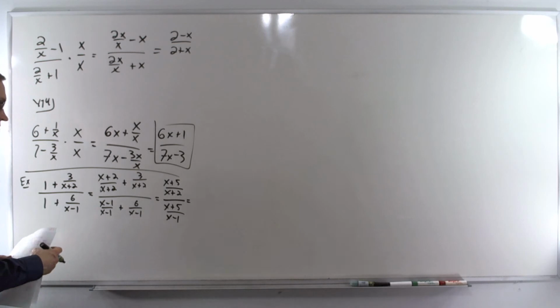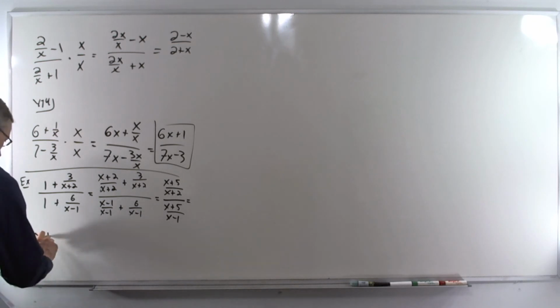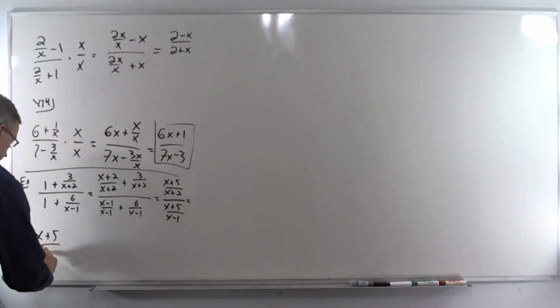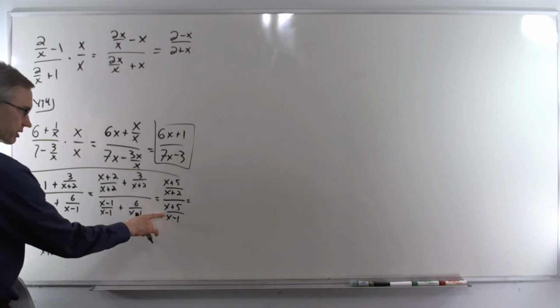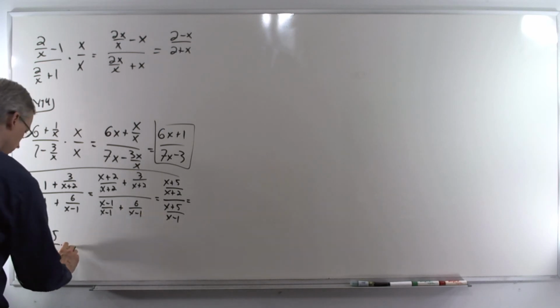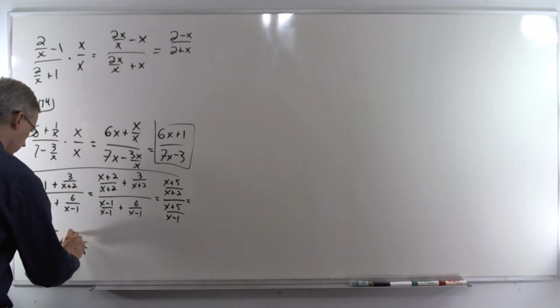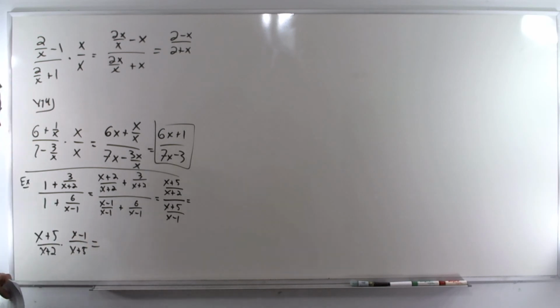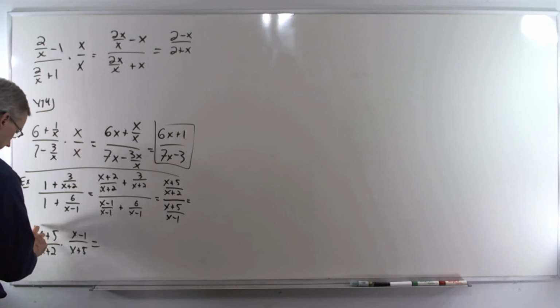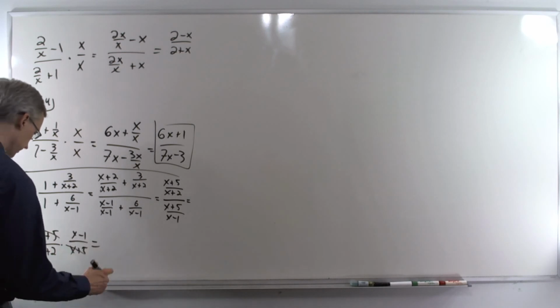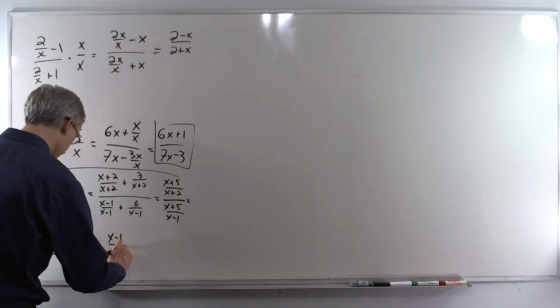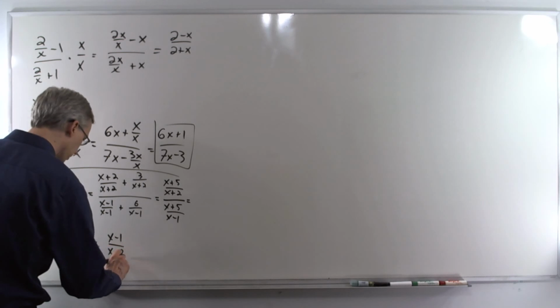So now we can convert to multiplication. x plus 5 over x plus 2 times the reciprocal. So that gives us x minus 1 over x plus 5. Now we've got matching binomials on the top and the bottom. x plus 5's cancel. x minus 1 over x plus 2.